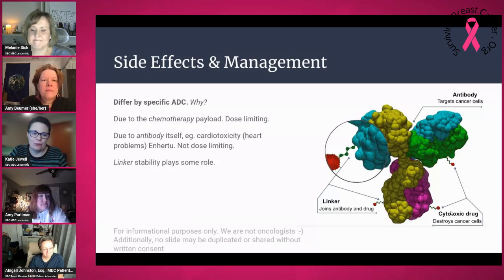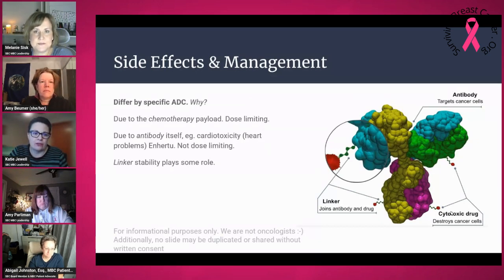It's important to remember that the side effects for all of the drugs, but definitely with ADCs, differ from drug conjugate to drug conjugate. That has a lot to do with the chemotherapy payload that is attached to it, and can also be due to the antibody itself. The example here is that in Enhertu, the antibody is trastuzumab, or what we also know as Herceptin, which can cause heart issues.